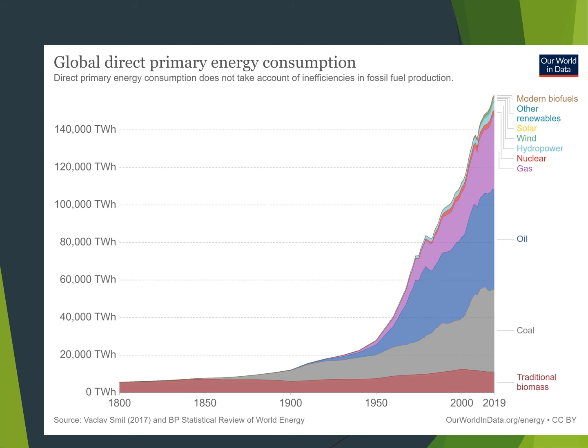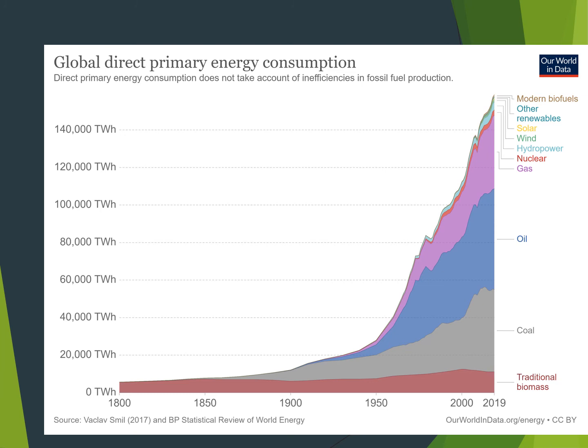So this is what it looks like up to 2019. Okay, you can see that most of the energy we use is from biomass, coal, oil, gas. The last three, coal, oil, and gas, are fossil fuels, which means that we should avoid using them.